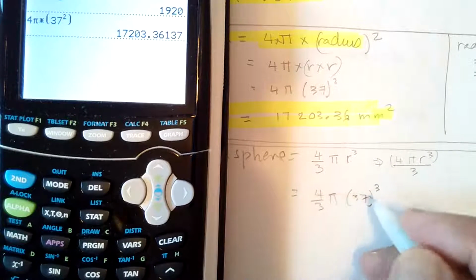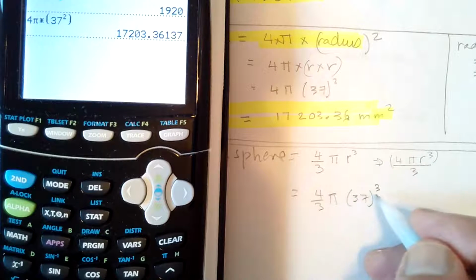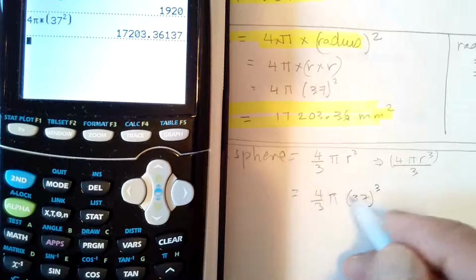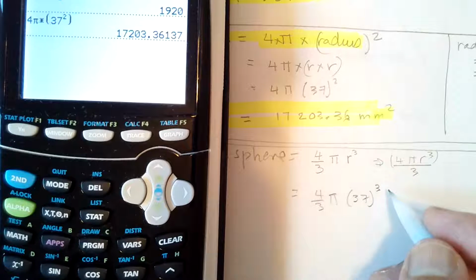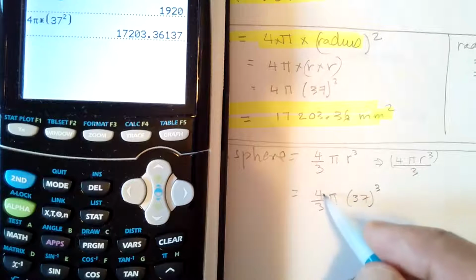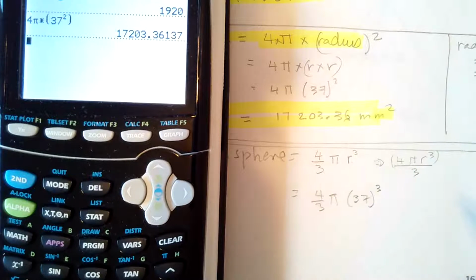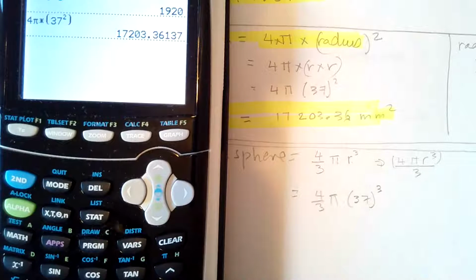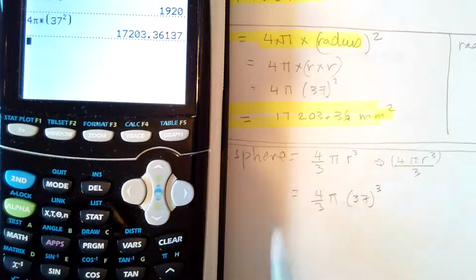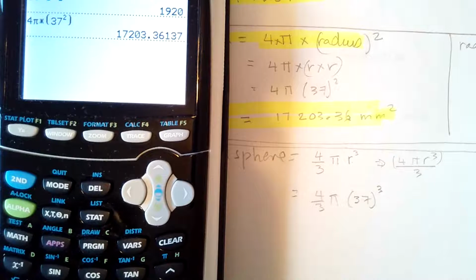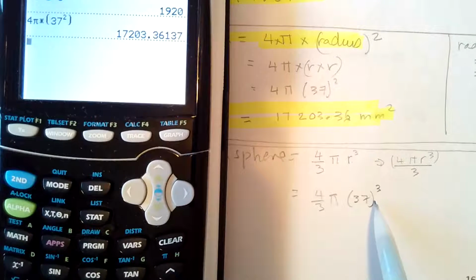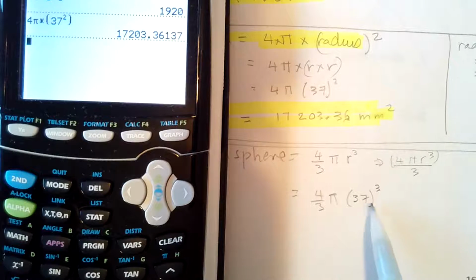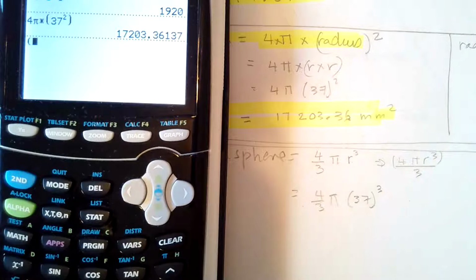Now we go to our little calculator here and let's do some work for us. For some of you, depending on your calculator, you may want to work backwards, and I'll show you both ways. I'll work backwards because you may have trouble with your 4/3 depending on the calculator you're using. I'm using a graphing one because there are a lot of possibilities with it. Let's say you don't have a graphing calculator, you have a basic calculator. The best way is to work backwards, from the back coming to the front. So I'll put bracket 37 squared.